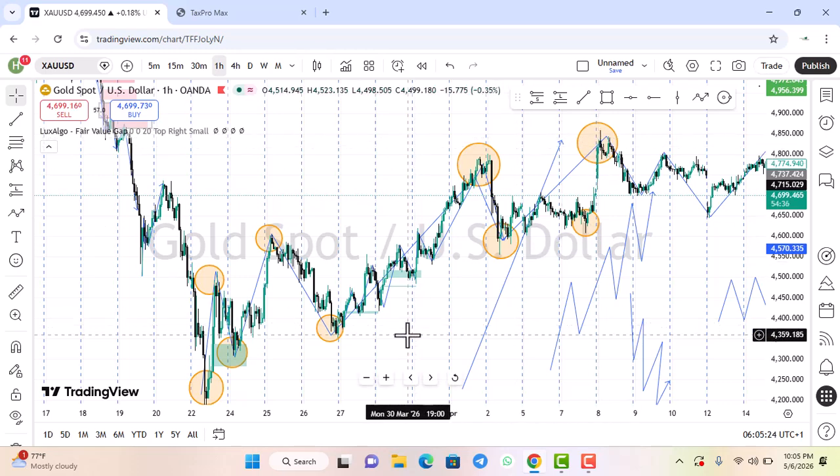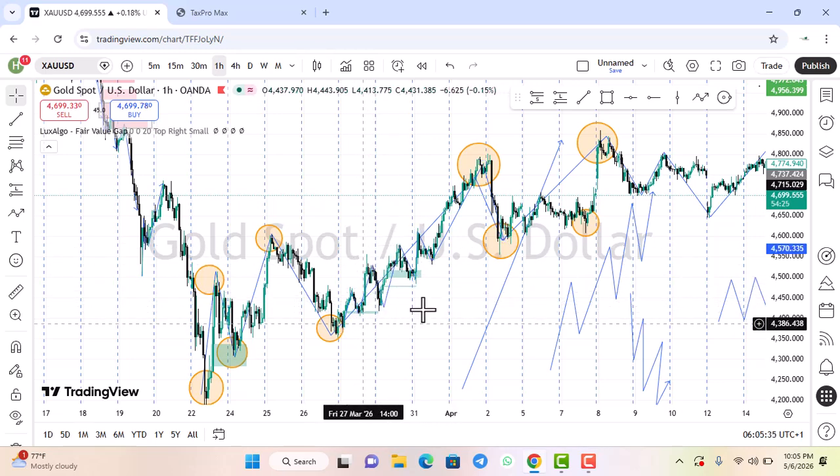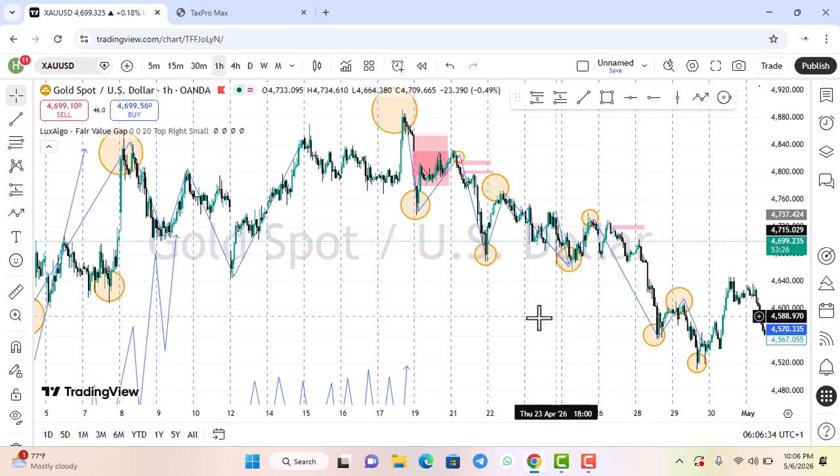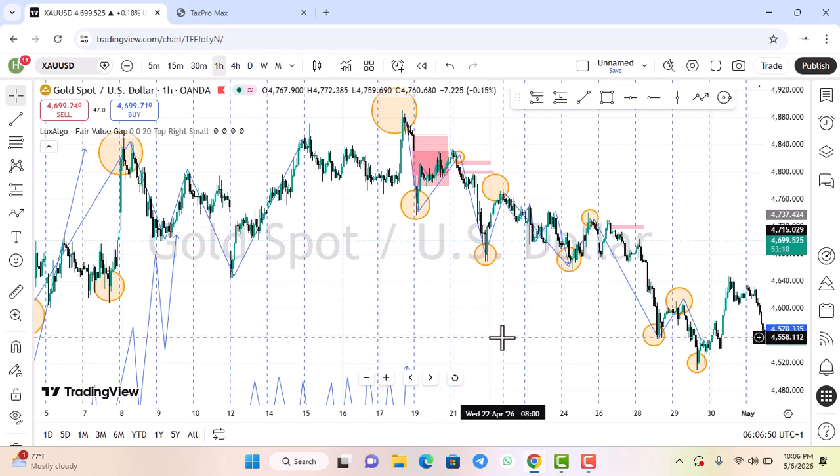And when we are looking at the internal structure, while we are in an uptrend, we have this higher high, higher low, higher high, higher low, higher high, higher low. So this is how markets move continuously until it is time for the structure to shift from either bearish to bullish. We're gonna stop here and continue in the next session.